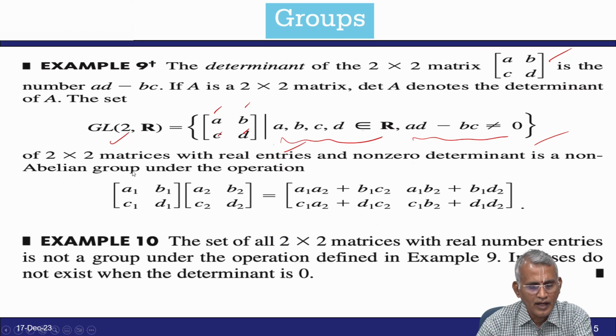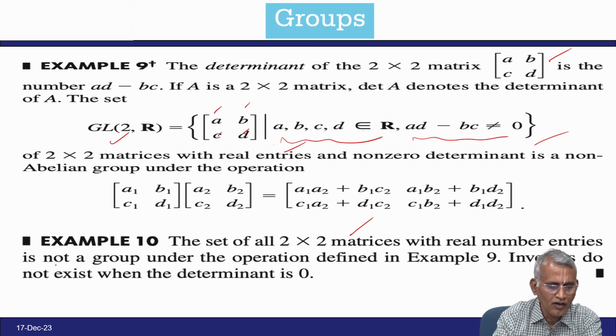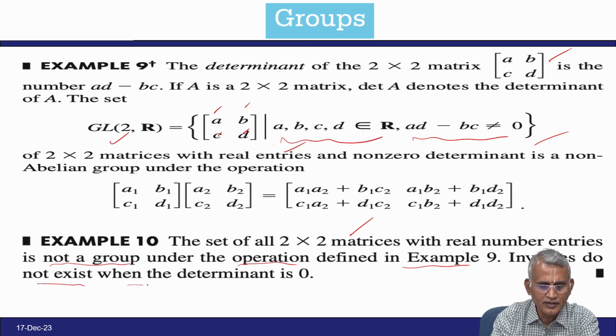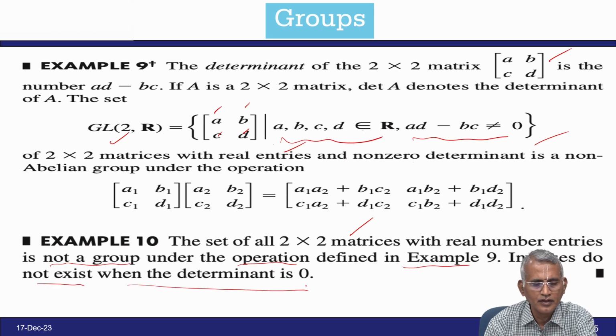Now, we have another example. The set of all 2 cross 2 matrices with real entries is not a group under the operation defined in the example, because the inverse does not exist when the determinant is 0. So, make a note of this, it is most important.